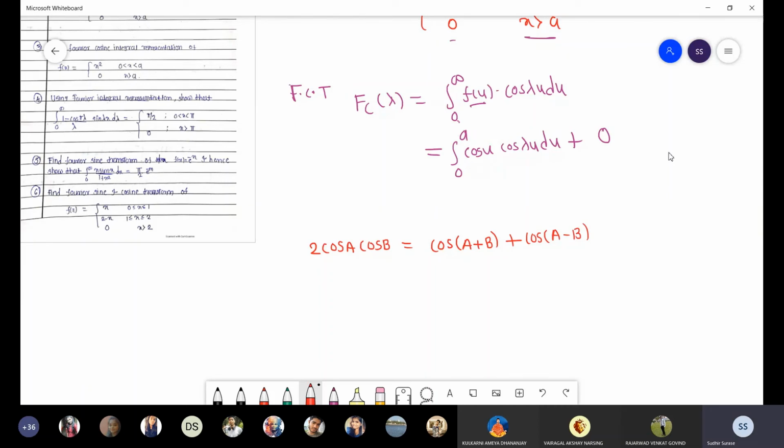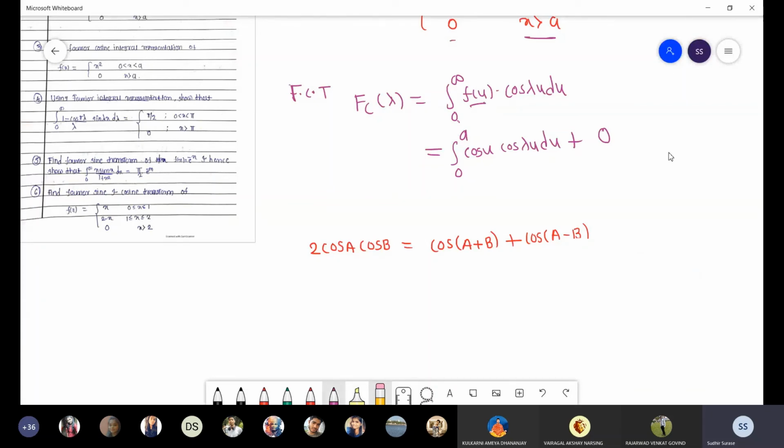Cos a cos b minus sin a sin b plus cos a cos b plus sin a sin b. So the sine terms cancel and it will be 2 times cos a cos b. So this is the correct formula, and we can use it by adjusting the 2, or you can divide by 2.